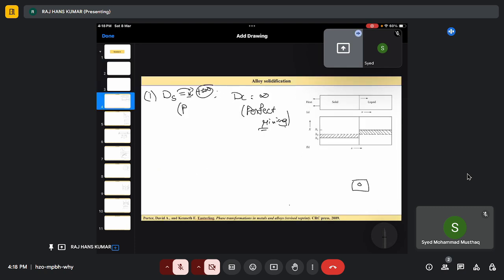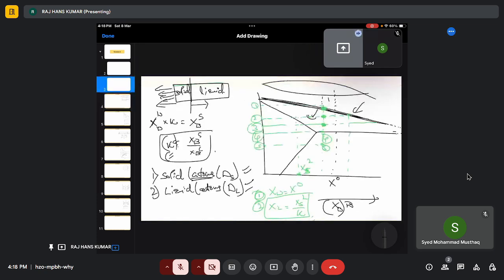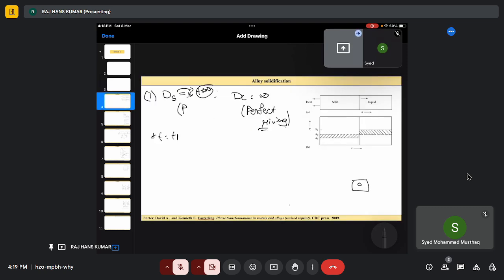Let's say at time t equals t1. That means there is still total liquid. We arrived from top to here. Okay? Then XL will be equal to x naught. Now at t equals 2, point P2.